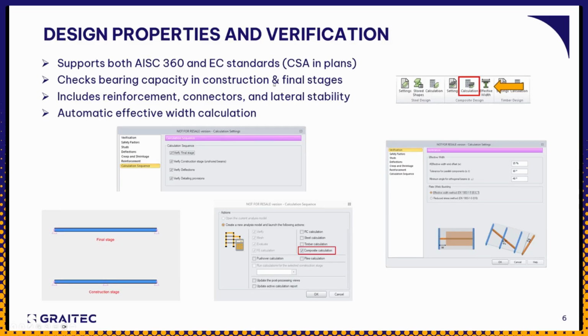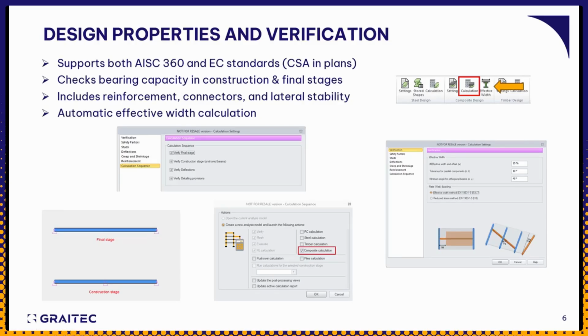So you will have two options to decide. As you see here, it can be just the final stage, so we are assuming that the beam will be shored, it's going to be supported. Or you can also define the construction stage as well. So Advanced Design will do both checks for your composite beam, either under construction stage or final stage.